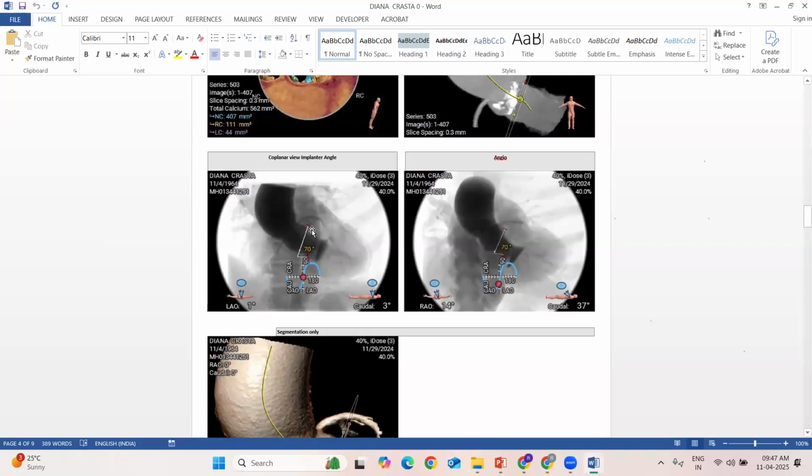Here, all three cusps are in one line. Once we overlap the right and the left, this is called the cusp overlap view. This will always be in RAO caudal. The right and the left will be overlapped. They start with the cusp overlap view because you get the depth idea, and they will reconfirm in this view, and then they will implant the valve.